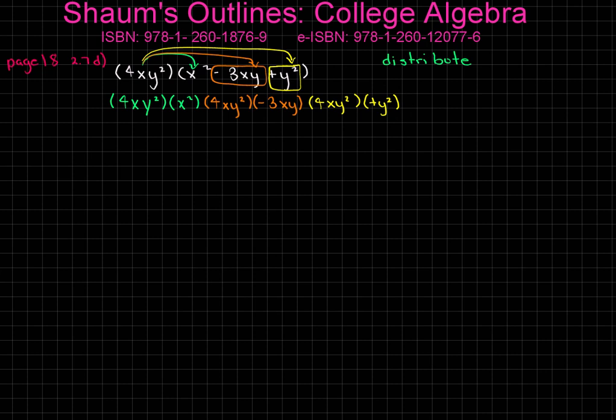We can only put things together that are the same. So we can put numbers with numbers, and letters with letters. And when we put together letters, they have to be the same letter. So here I have 4xy squared times x squared.